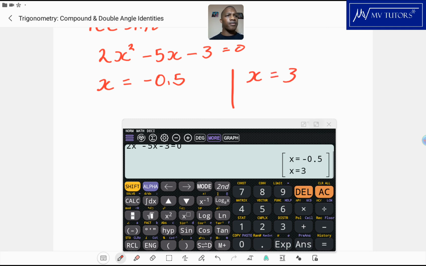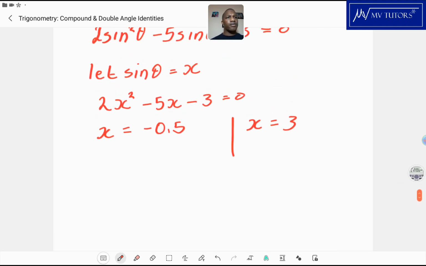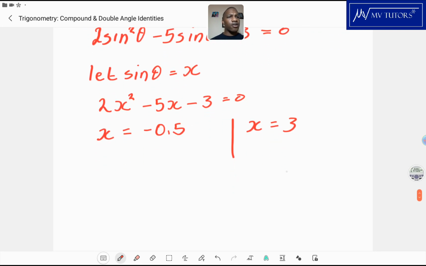Now, when you look at a sine graph, it can never be equal to 3, because a sine graph, if we look at it quickly, starts from 1 and goes to minus 1, and then it oscillates like that.